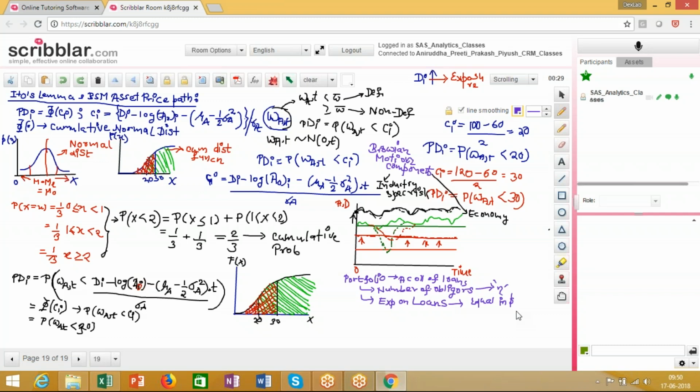Now, apart from that, the next part that we talk about is the maturity of the loan. The loans mature at a given period of time.